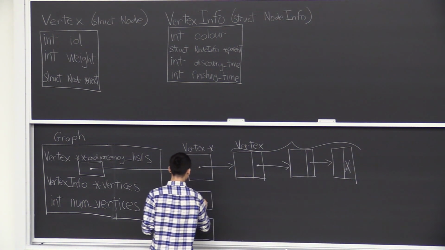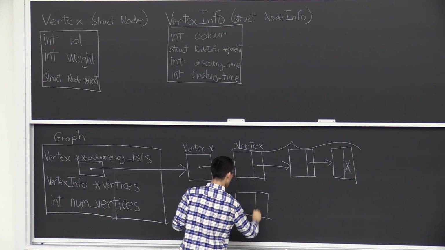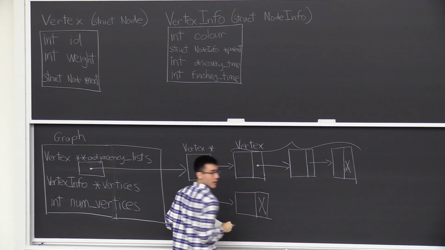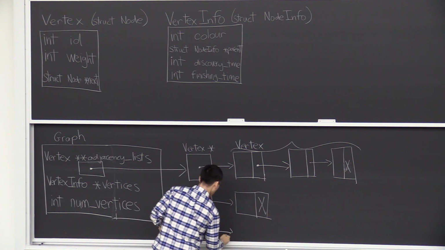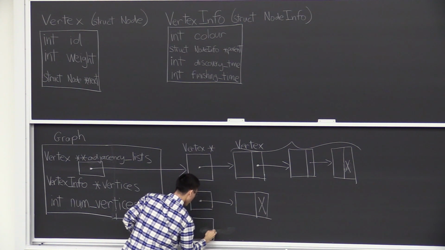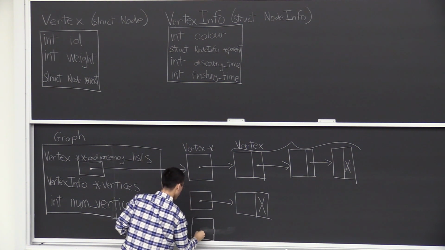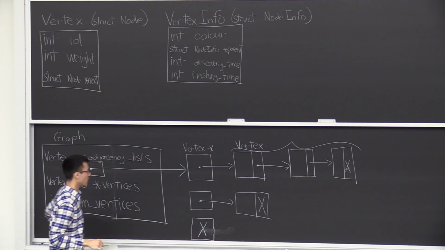And I might have another one. Maybe this one only has one neighbor. And maybe this guy doesn't even have a neighbor. So maybe this guy is just a null as well.